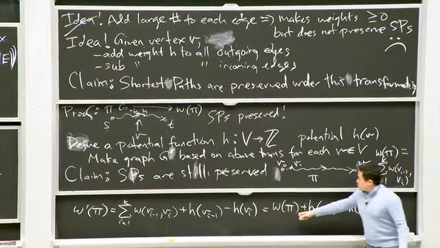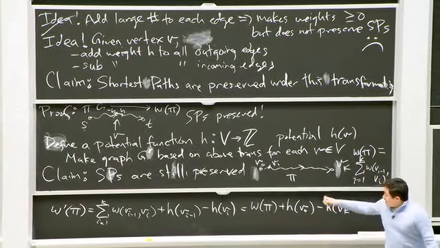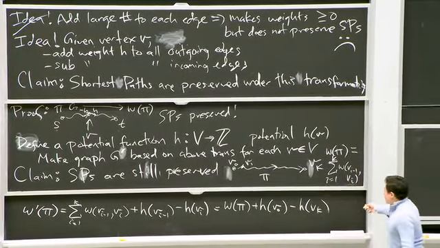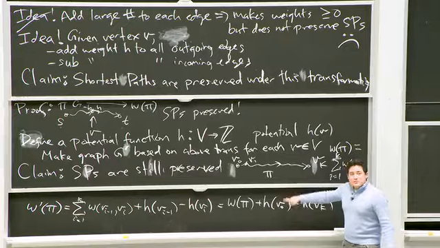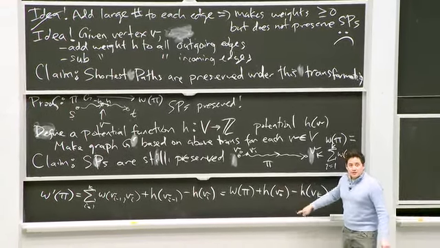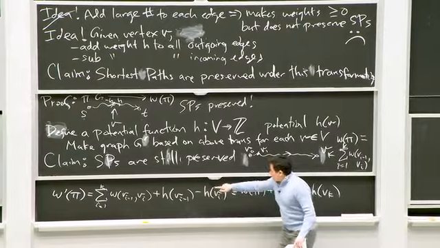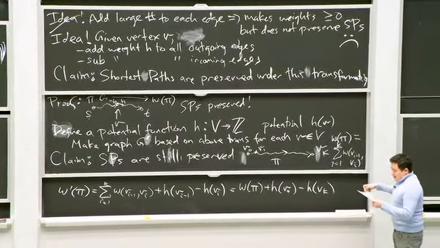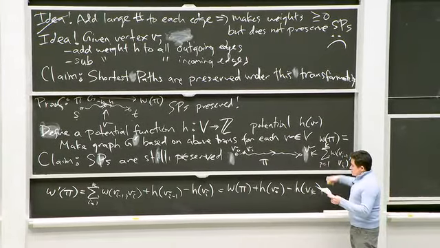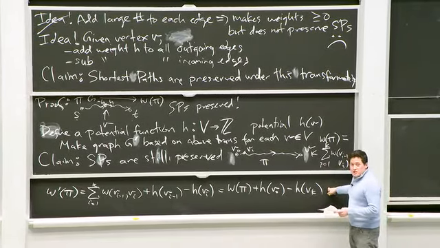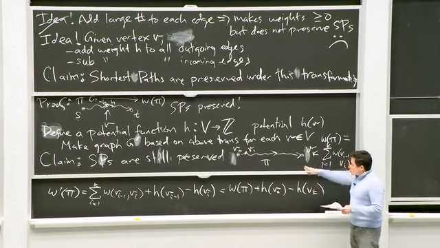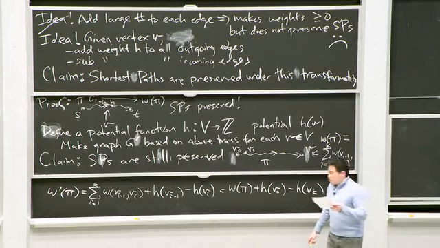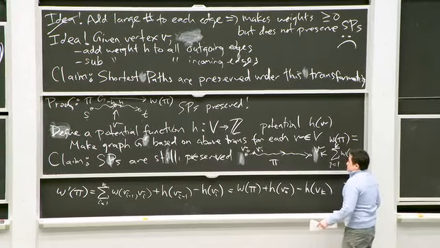And so if this path pi was shortest, it's still shortest in the reweighted graph because I've just changed all paths between those two vertices by the same amount. This is kind of like a telescoping argument here in that proof. Right, so the weight changes, right? It could change, but it changes all paths between these two vertices by the same amount, which means that shortest paths are still shortest. Awesome.